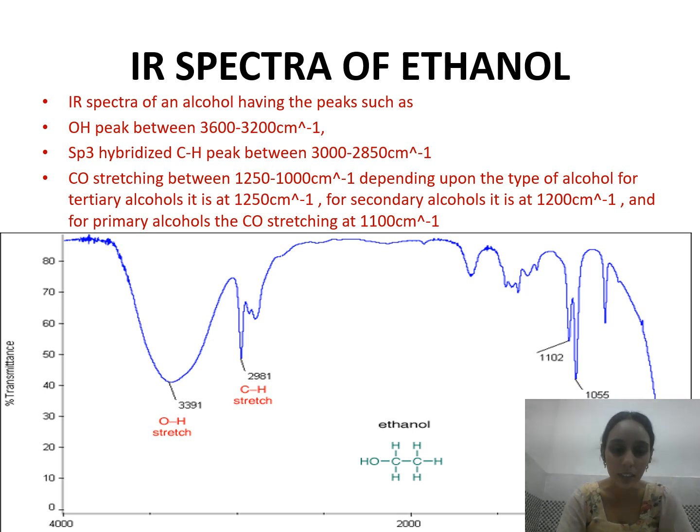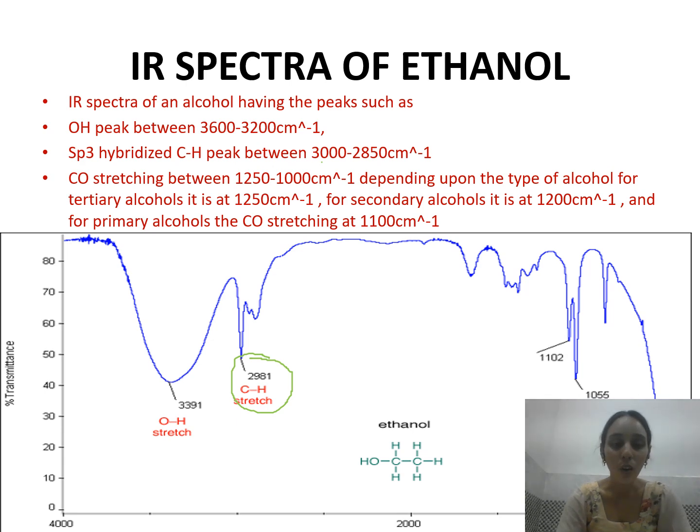Now we will discuss the CH stretching. The range of sp3 hybridized CH stretching is 3000 to 2850 centimeter inverse, and you will see the CH peak at 2961, that is the CH stretch.